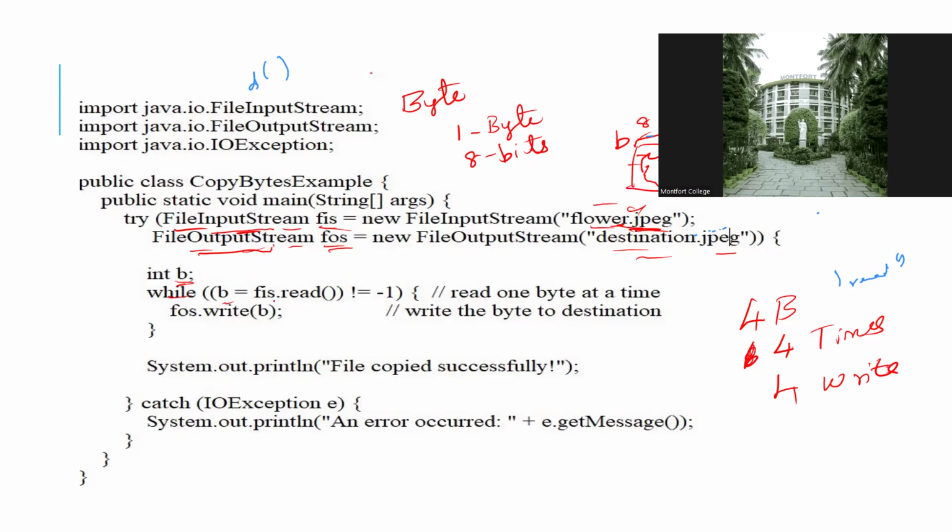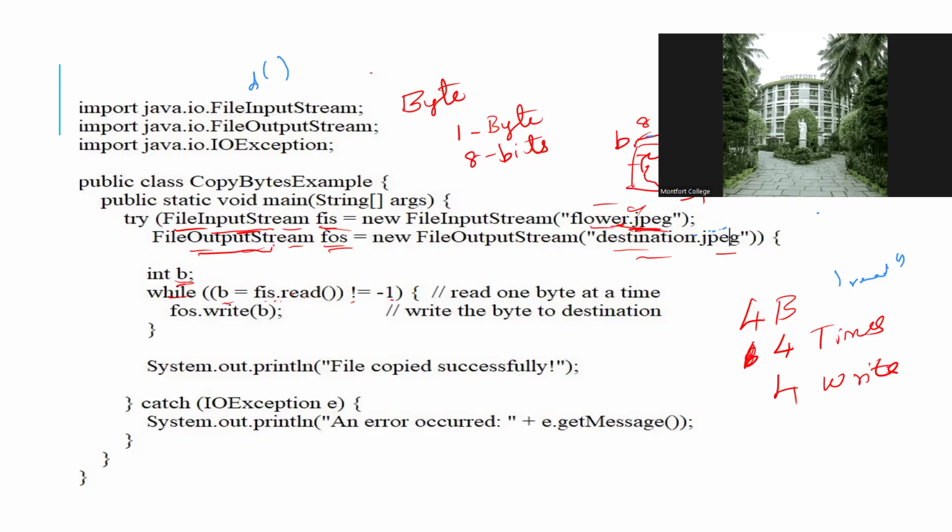So b is equal to FIS dot read. There from the first one we are reading. That's why we are checking the condition: not equal to -1. Not equal to -1 means what? If the source is empty, then we get -1, but here it is not equal to -1.